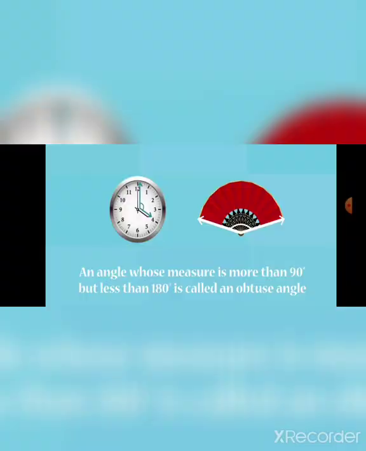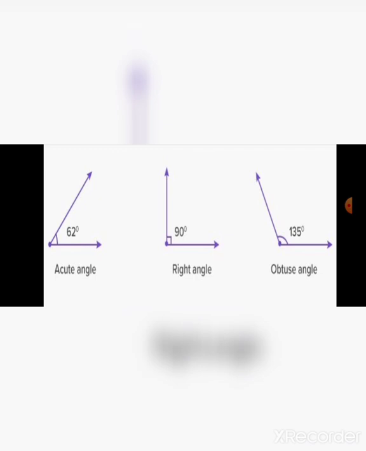Now an example is when it is 4 o'clock on the clock, it forms an obtuse angle, and the Japanese fan, when it opens, it forms an obtuse angle. Now see, an acute angle of 62 degree looks like this.